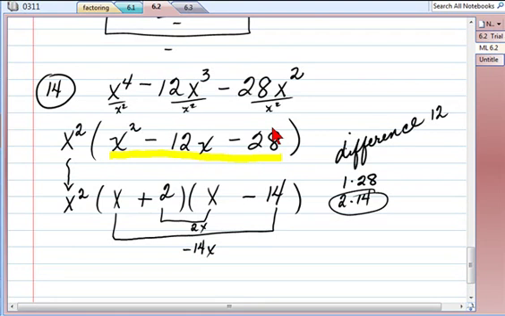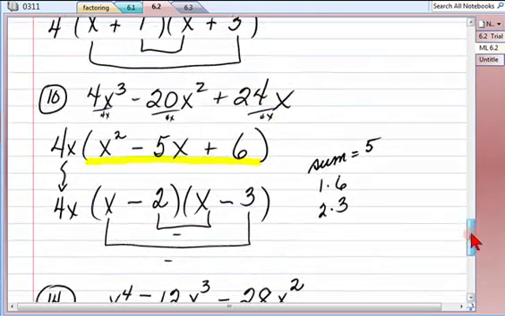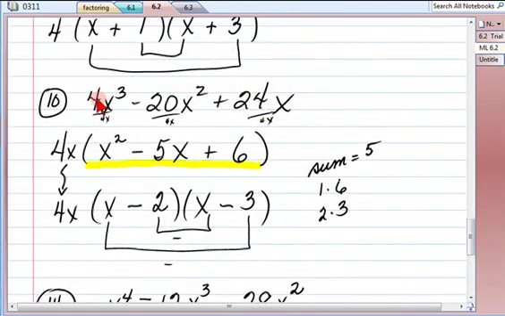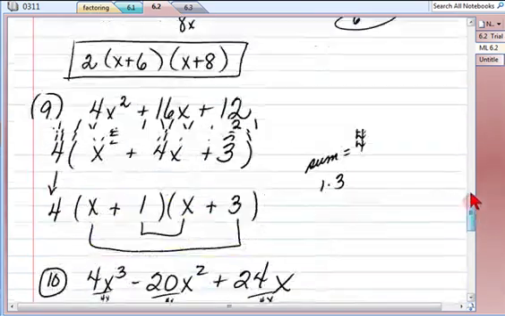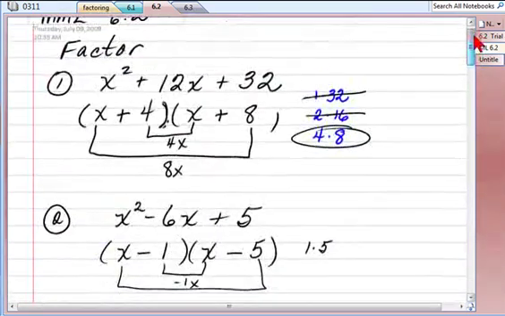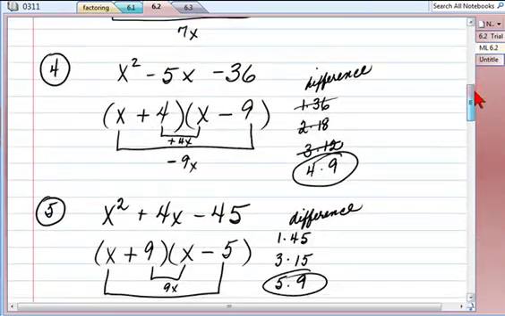Is that okay? Now, a characteristic that every trinomial in this section had was that when it came time to do trial and error, the coefficient of the squared term was a 1. Maybe it didn't start out as a 1, like number 10 did not, but by the time you got the greatest common factor out, the leading coefficient was a 1. What that did was make it so much easier to figure out what to choose.